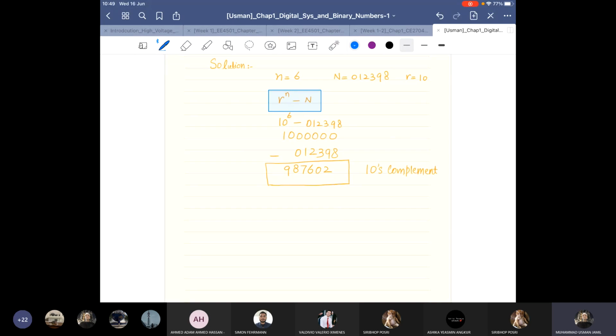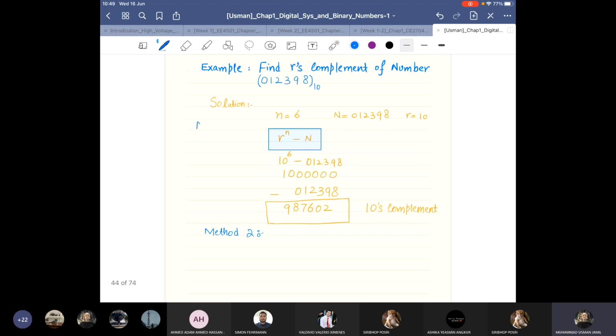Now let's suppose another way. Maybe we can say method 2, and this one we can say method 1.